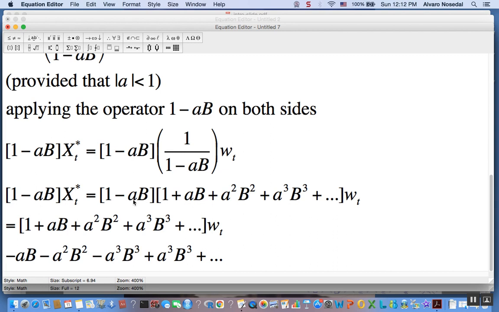That's a result of this product, negative AB times A squared B squared, negative A to the fourth B to the fourth, and so on, right? And you can see that all these guys are multiplied by WT, okay? So let me have that here.